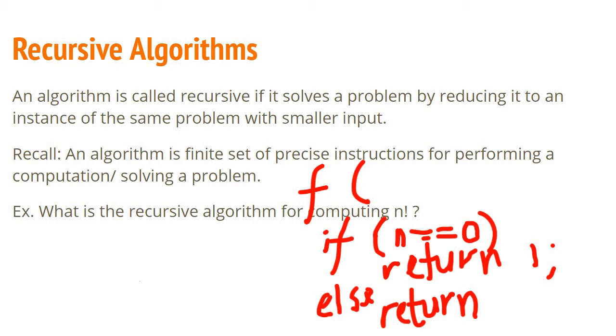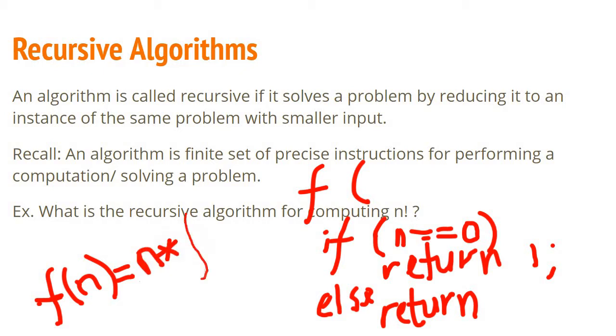From the definition, the factorial of n can be expressed as n multiplied by the factorial of the previous term. So this is now the recursive definition.